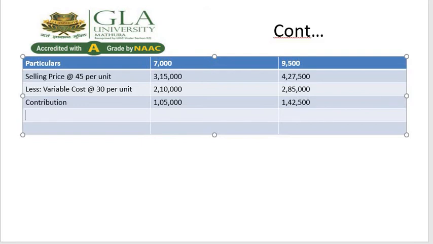After that, less fixed cost. Fixed cost is given in the numerical, that is 75,000, and in this case also 75,000.